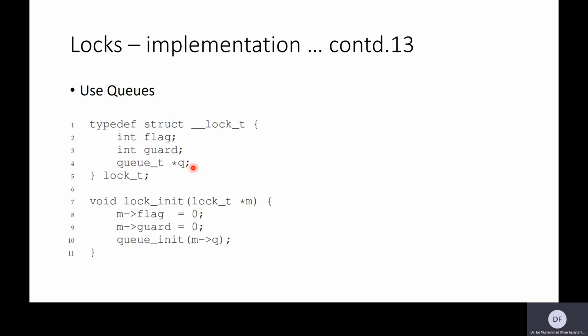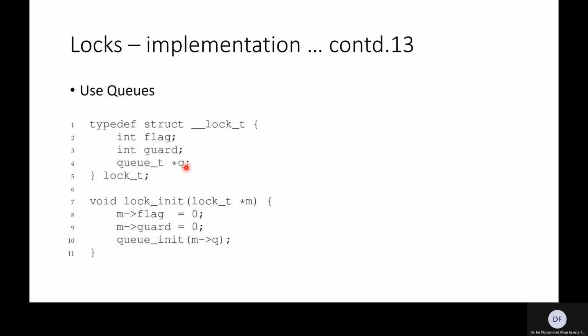Since those threads would sleep, they will not be scheduled, so they will not be wasting CPU time. So if a lock is busy, any thread that tries to acquire the lock is put on this queue and put to sleep.